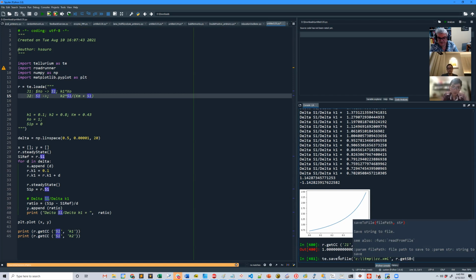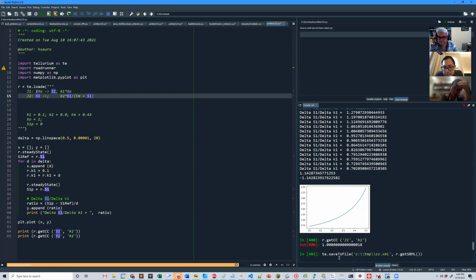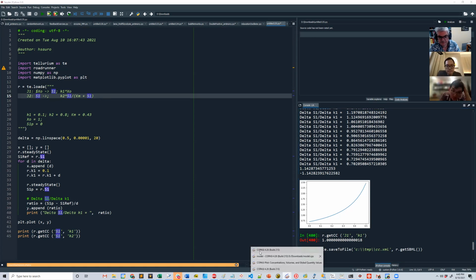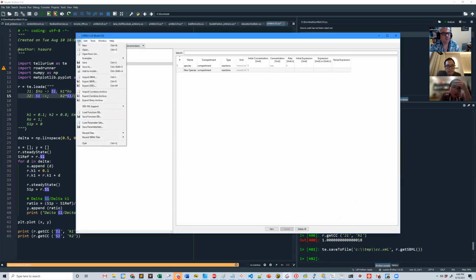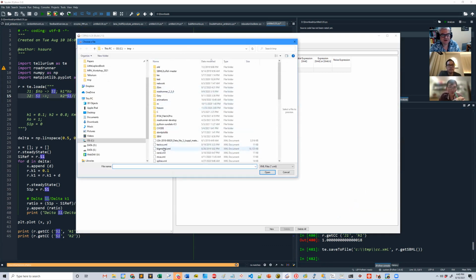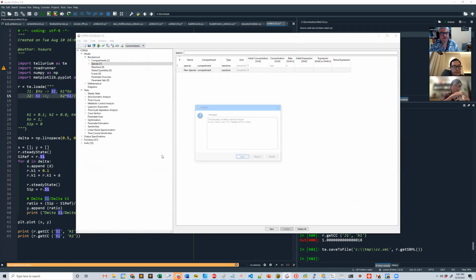So I'll save the XML, okay? Now I'll go to Copasi. Where did it go? I lost it. Oh, there it is. And then I'll open import. What was it called? CC. There it is. So I load that in.